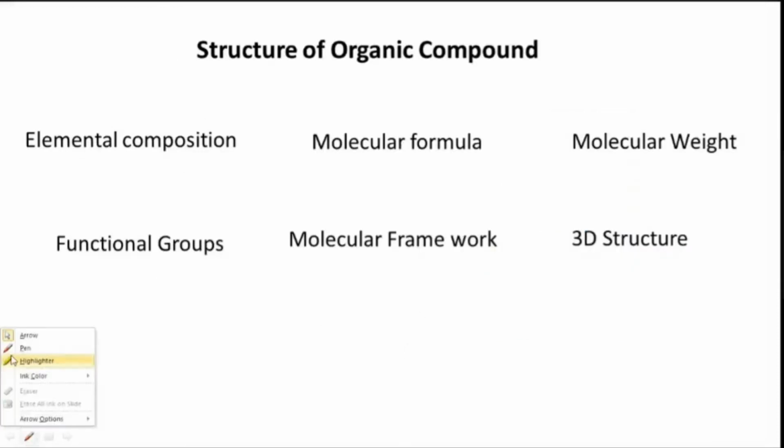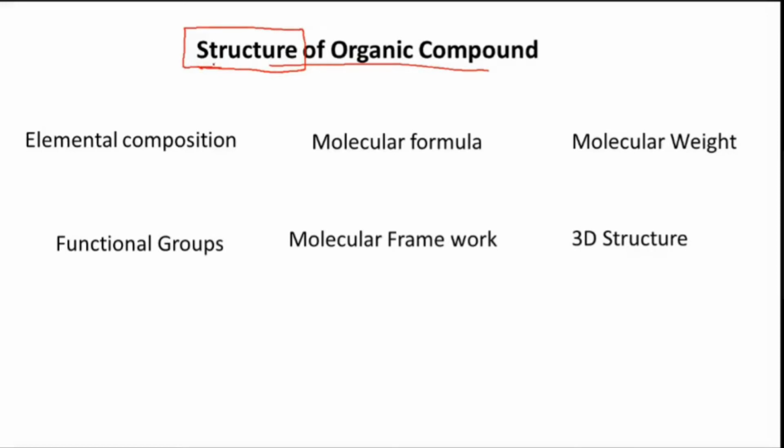Now, the structure of an organic compound. Most of the chemicals that we have in the pharmaceutical sector are organic compounds. So whenever there is an unknown organic compound, determining its structure means qualitative information. The first thing we need is its elemental composition, then molecular formula, then molecular weight.